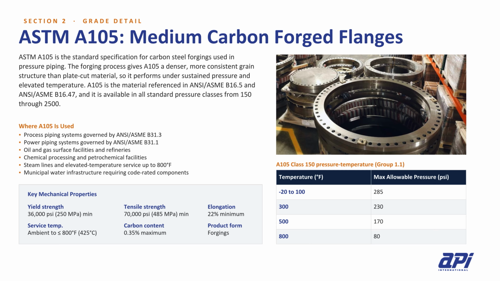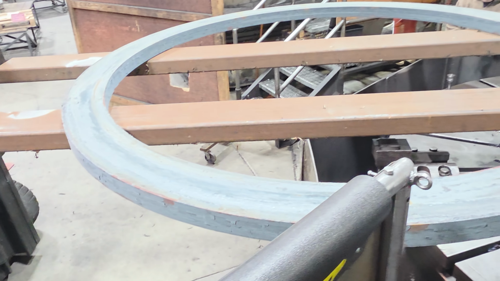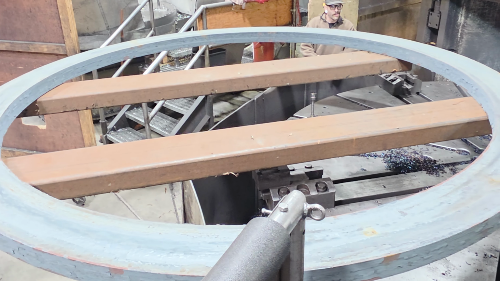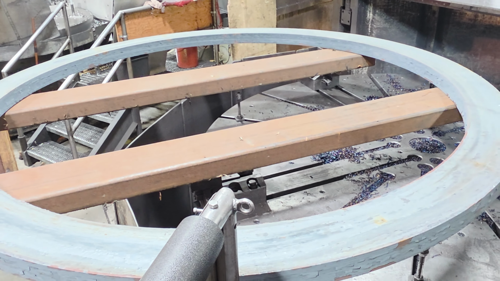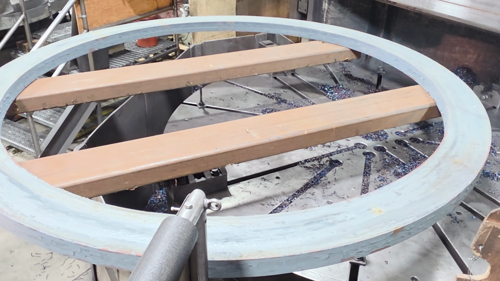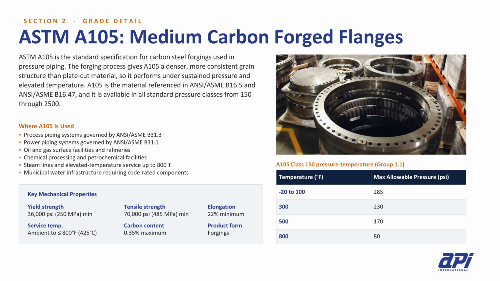It is widely used in code-compliant pressure piping systems, including ASME B31.3 for process piping and ASME B31.1 for power piping, serving industries such as oil and gas, chemical processing, power generation, and general industrial steam service.